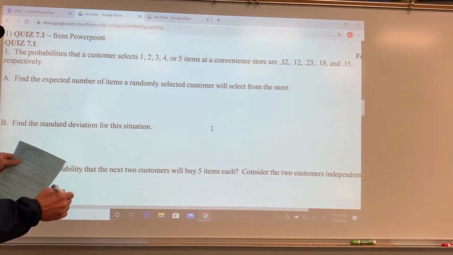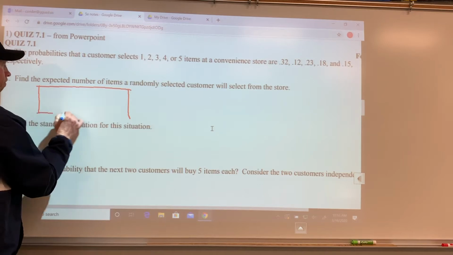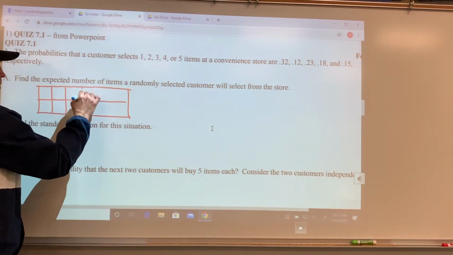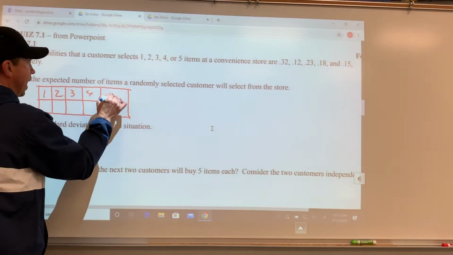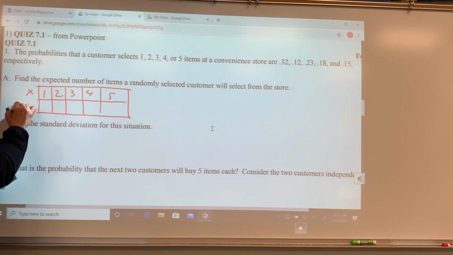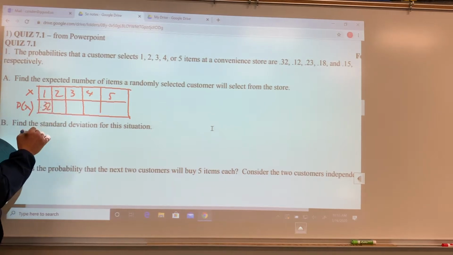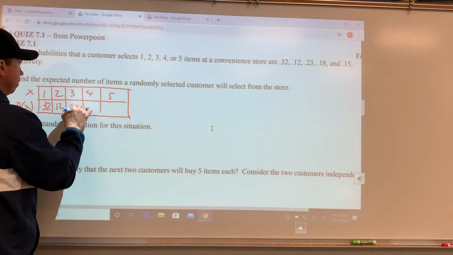Piece of cake. First thing I'm going to do is draw a chart. I'm going to put 1, 2, 3, 4, and 5. That is labeled X. And then here I'm going to put the probability of X happening, and the problem says it's respectively. So I will fill those in.